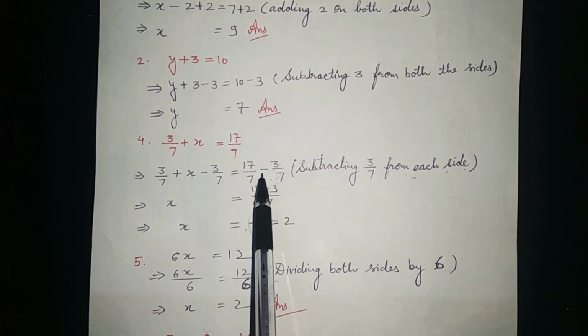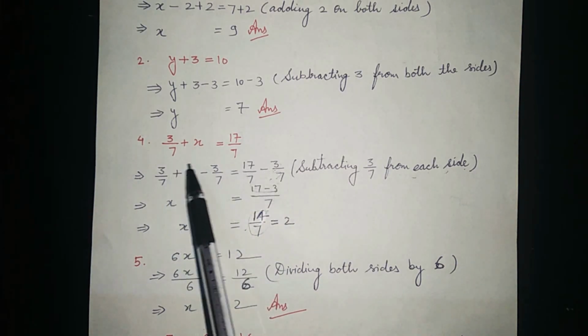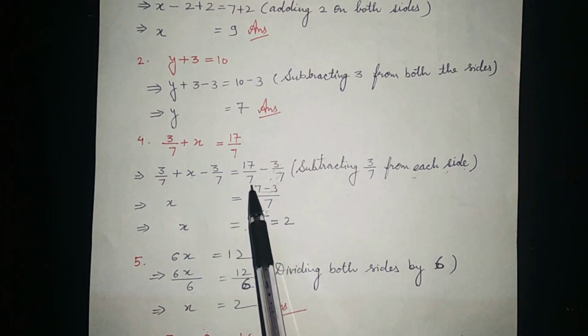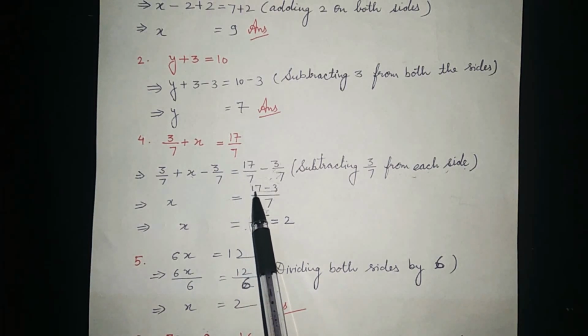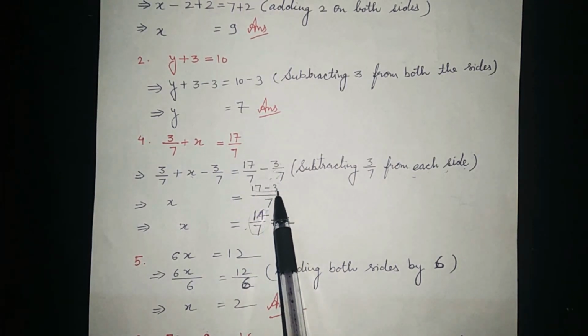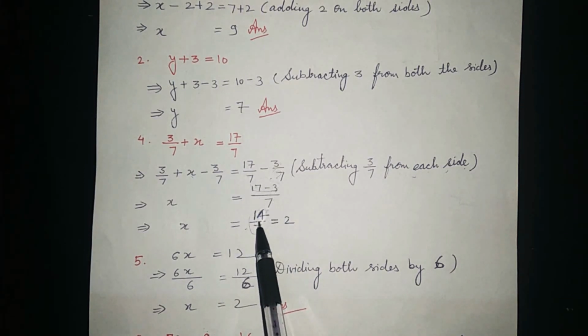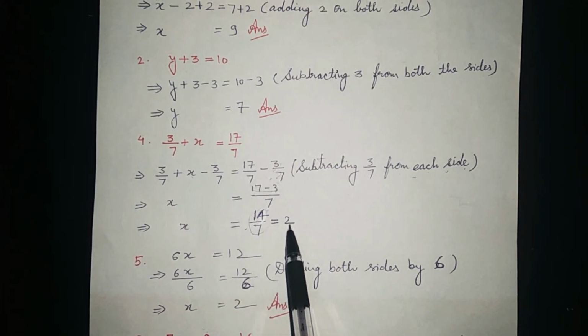We will subtract 3 by 7. So on left hand side plus 3 by 7 and minus 3 by 7 is 0, and on right hand side LCM 7, and here 17 minus 3, and 17 minus 3 what? 14, and 14 divided by 7, 7 ones are 7 and 7 twos are 14.